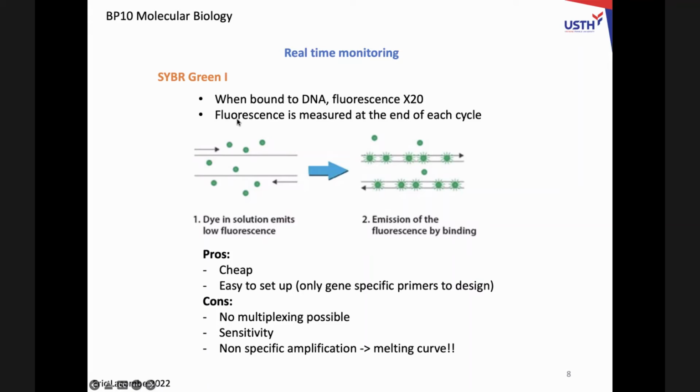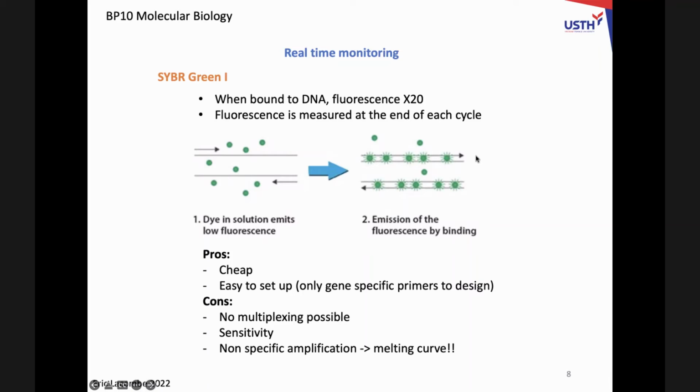So the qPCR machine that uses SYBR Green, basically it's a PCR machine like all the others, but there is a laser light that, at the end of every cycle, quantifies the fluorescence, and this fluorescence is directly proportional to the amount of SYBR Green bound to double-stranded DNA.